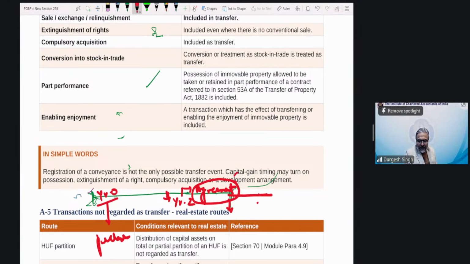Okay, now this particular part, students: we entered into the agreement, then 80% consideration was given. 80% consideration was paid. Now, 80% consideration was paid, and at this point of time, possession was given.